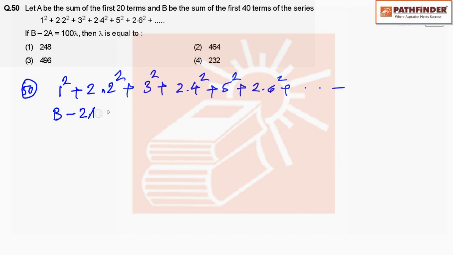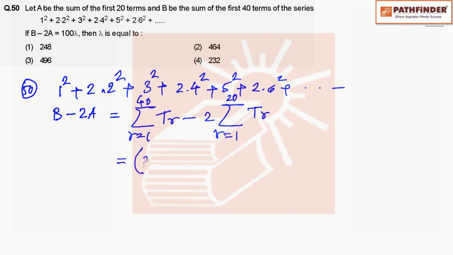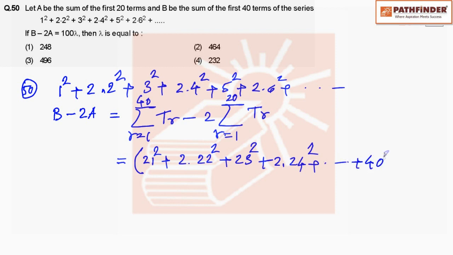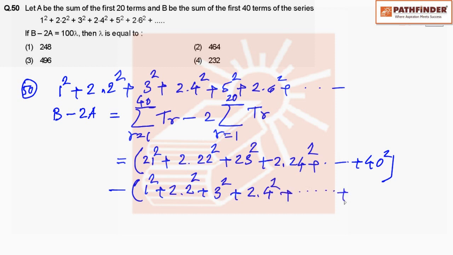So B minus 2A is the sum over R from 1 to 40 of TR minus 2 times the sum over R from 1 to 20 of TR, which implies 21 square plus 2 into 22 square plus 23 square plus 2 into 24 square up to the last term 40 square, minus 1 square plus 2 into 2 square plus 3 square plus 2 into 4 square up to the last term 20 square.